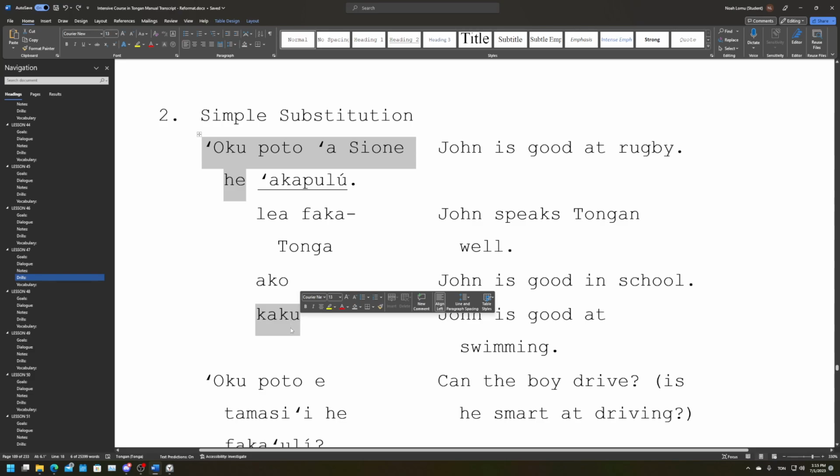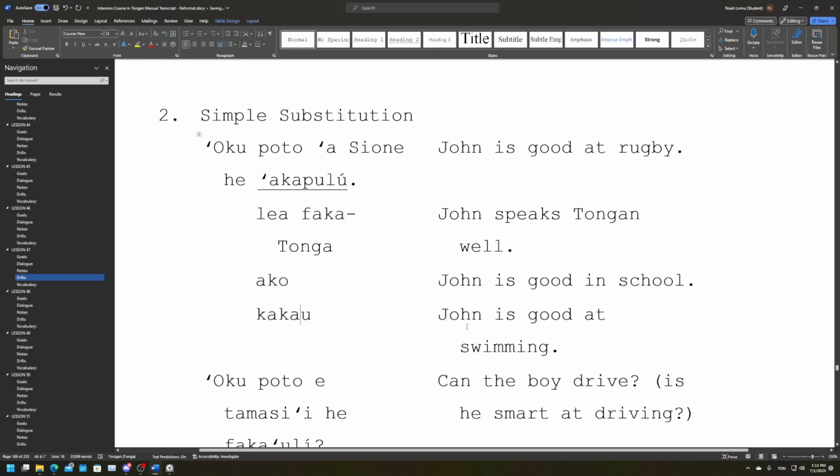Hold on. It's cacao. Yeah, so it's o ko pota sione he cacao.